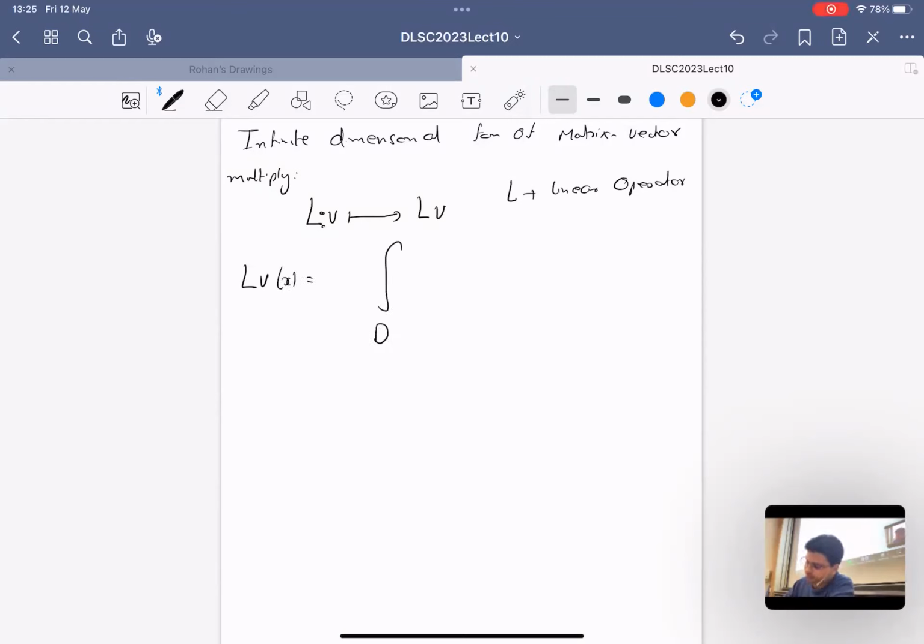So this becomes a matrix, it is multiplied with a vector, and you take the ith row. So now you can see that instead of having matrix vector multiplies, which is what we were aiming at, we have a function version of it.